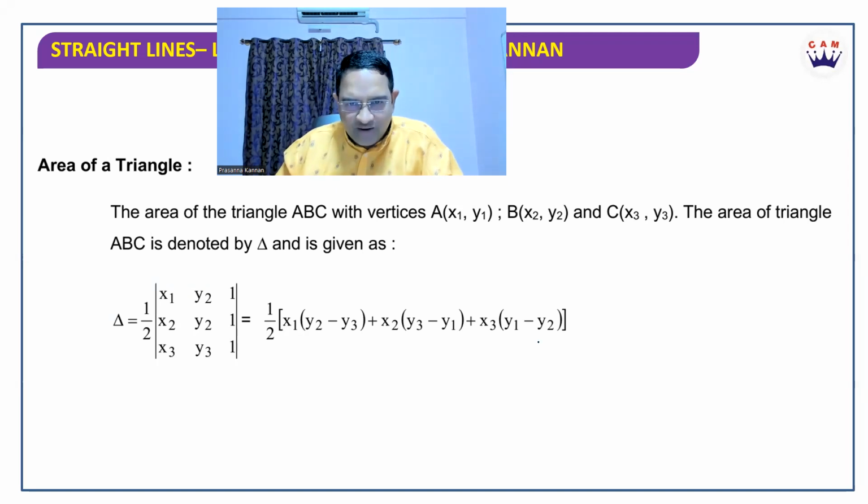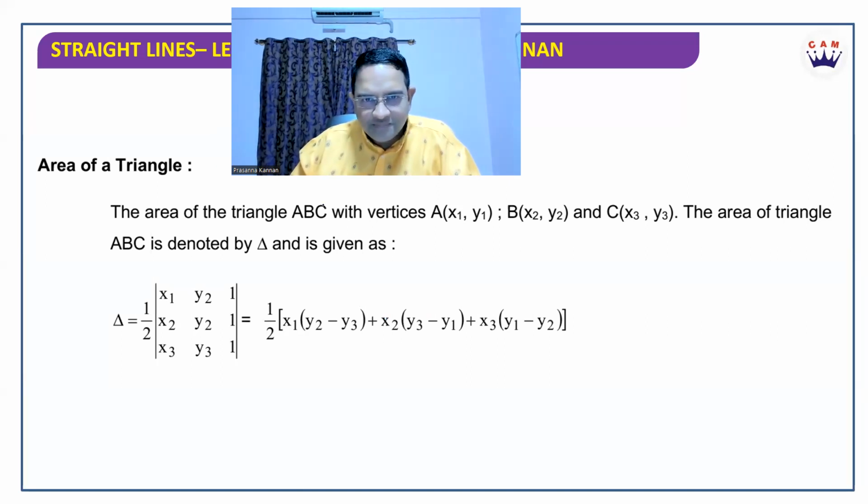Did you learn this formula in your lower class, students? Maybe not in the determinant form, but did you learn this formula? Yes, no? Okay, fine. I think when we were discussing the cross product of vectors, I told you how to evaluate one determinant, correct or not? Right?